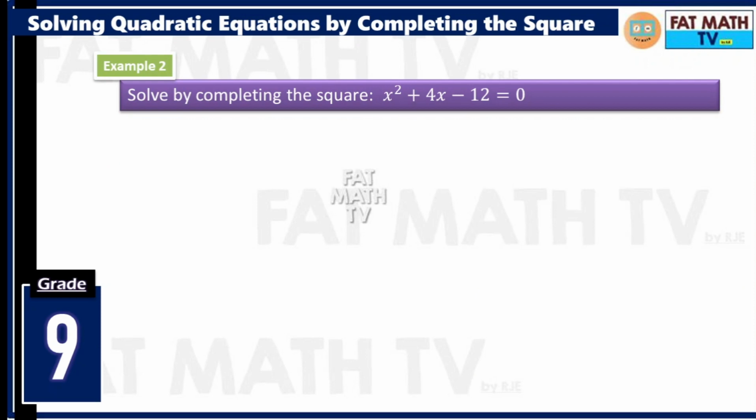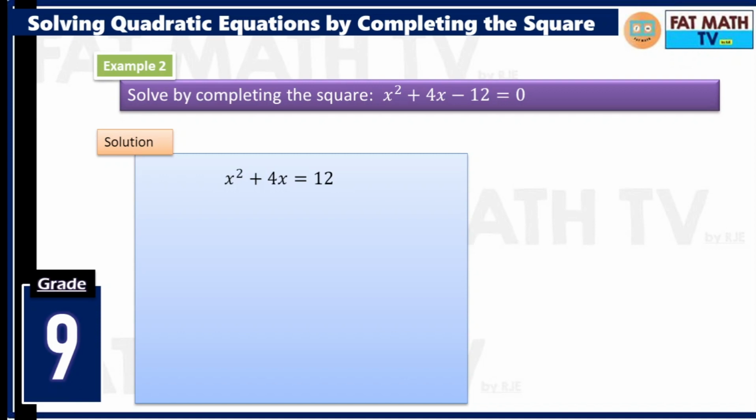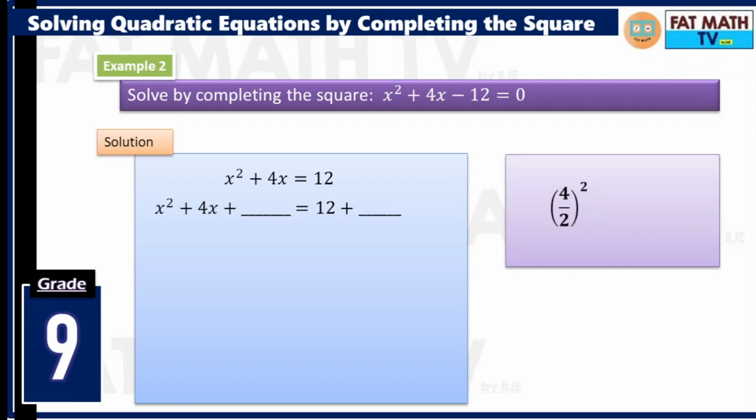Example number 2. X squared plus 4x minus 12 equals 0. First, put the constant term to the right side of the equation. You will have x squared plus 4x equals 12. And then choose what to add to the left side so that it's going to be a perfect square trinomial. You get half of 4 and then square it. Half of 4 is 2. Square of 2 is 4.